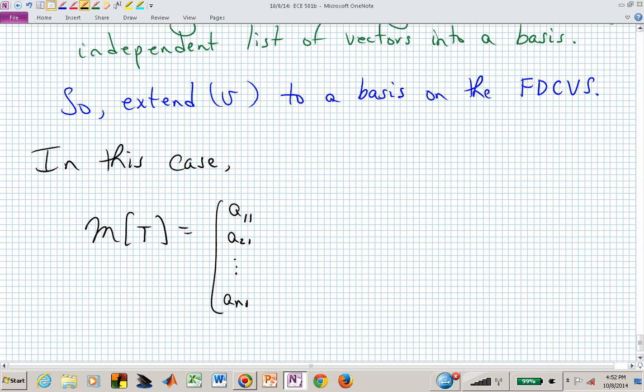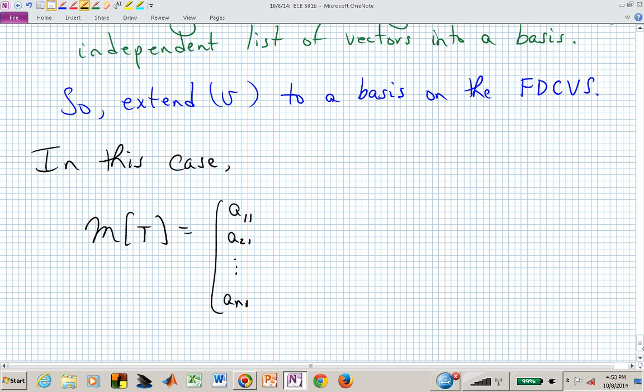And what did each of those A's mean? That was now how this linear map would be represented in terms of the basis vectors. And now our first basis vector is V1. We now say that this linear map applied to V needs to be represented in terms of V and this extended basis. If that's the case and V is an eigenvector, what do we know about those A's?